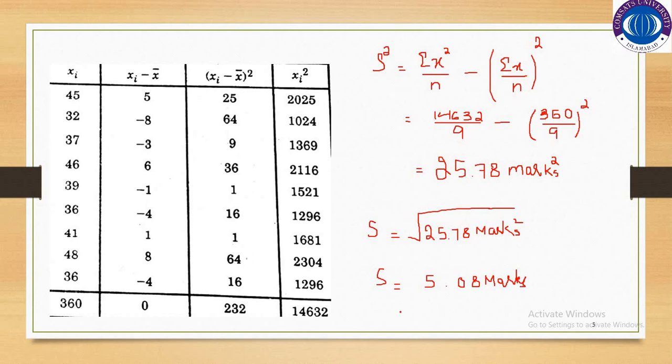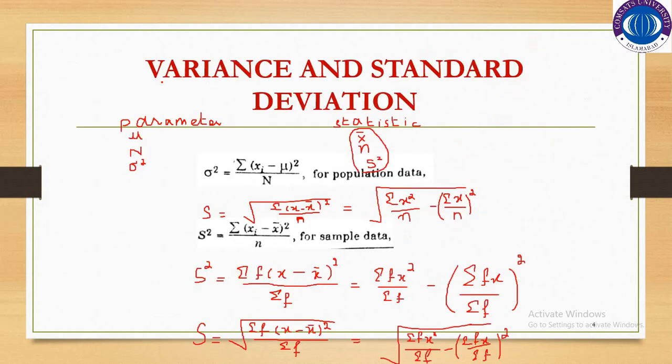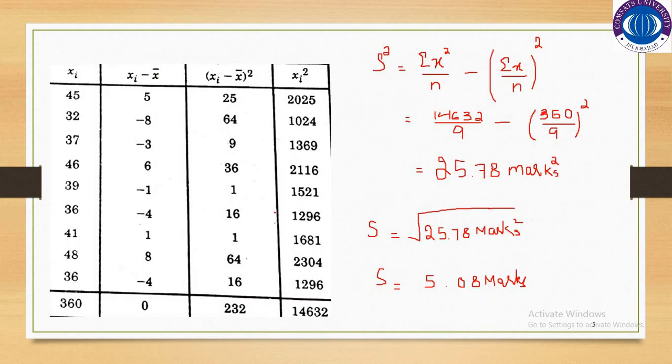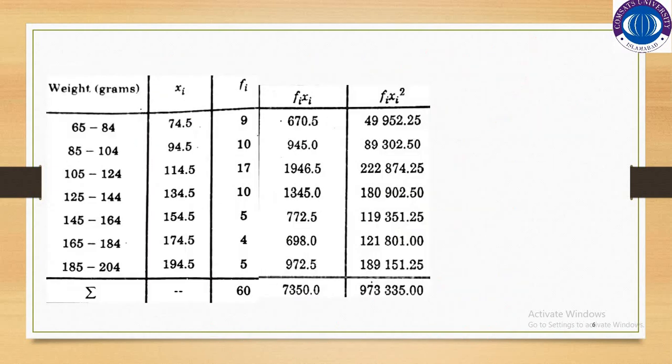So S is equal to 5.08 marks. This is the standard deviation. This is the purpose of taking the standard deviation, that is, we are taking the positive square root of the variance. So this is the way to find out the variance of the ungrouped data. As this is ungrouped data, you can use the other formula as well, summation (x minus x bar) whole square over n. Under the root, it will definitely give us the same result.